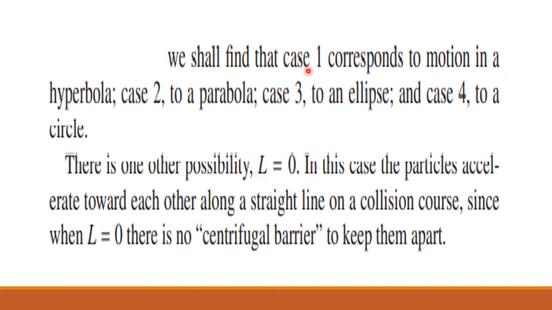In all these four cases L was not equal to 0. If L is equal to 0, there is no centrifugal barrier, so the two particles come towards each other along a straight line and collide. That is another possibility.